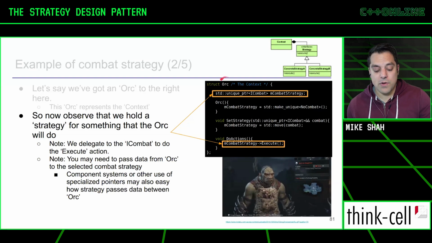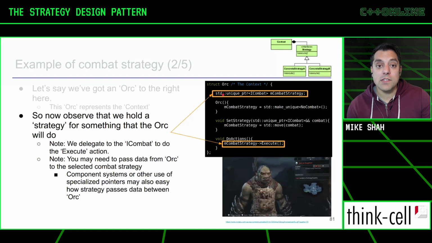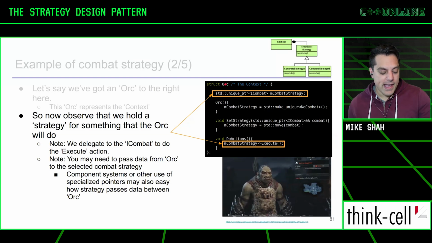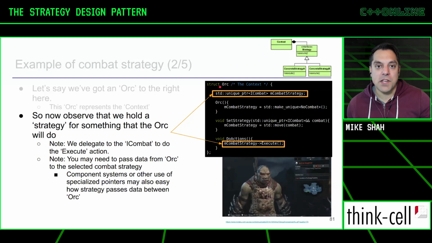It could hold a reference to this object, and we might want to think about whether that's a strong reference or just a weak reference. We do have to think a little bit about ownership here. And if folks have done other stuff with databases or in games, you could have a component system where you look up the ID of this particular object and retrieve those attributes as well. Those would be some different ways to handle this in a project.